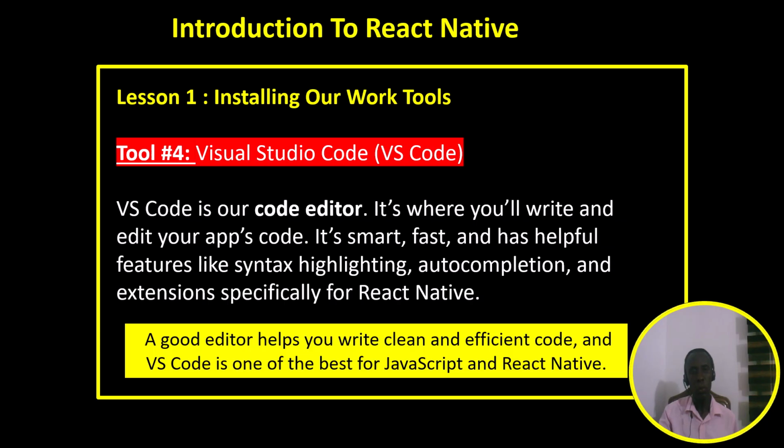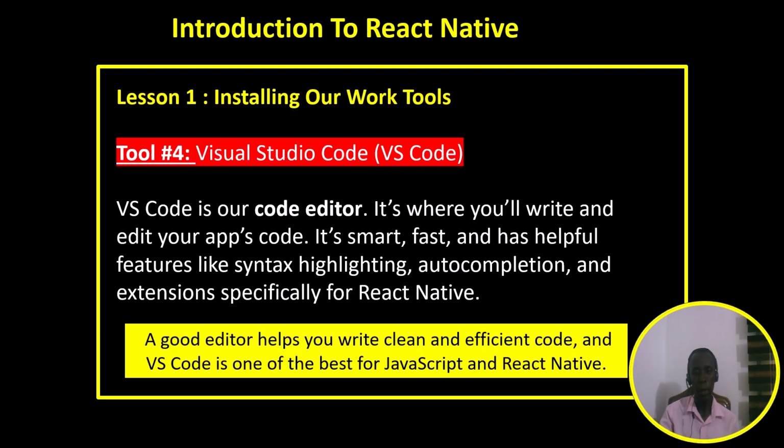Alright, the fourth tool is Visual Studio Code. We call it VS Code. This is the code editor where you're going to write your code. This is actually maybe the first tool that we are going to install. This is where you write your code. It is smart, fast, and has features that can highlight syntax for you.